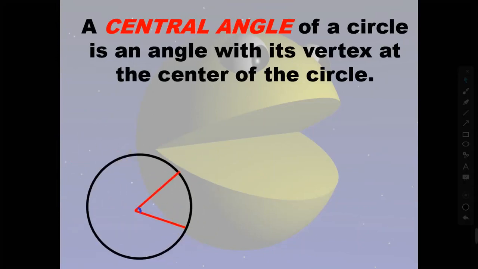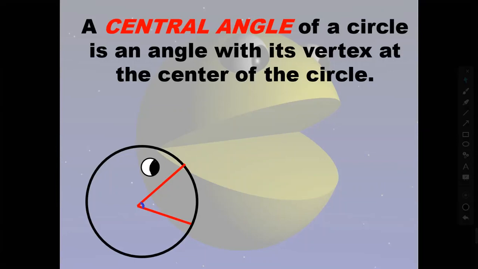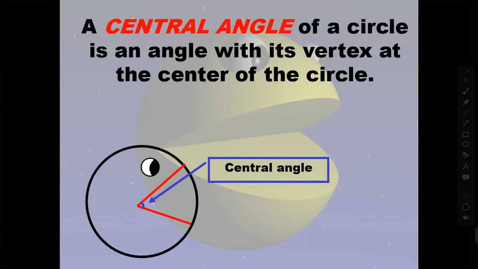Then the central angle of a circle is an angle with its vertex at the center of the circle. So what does this mean? If I draw an angle like this, every angle has a vertex. So this is the vertex of this angle. If I draw another angle, this is its vertex.